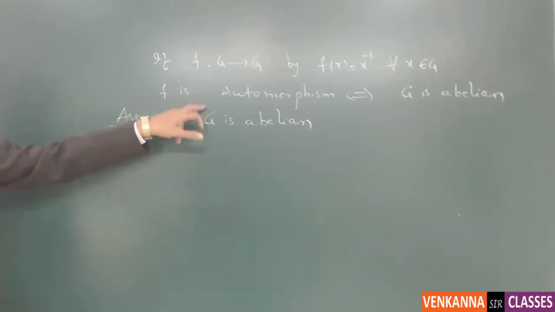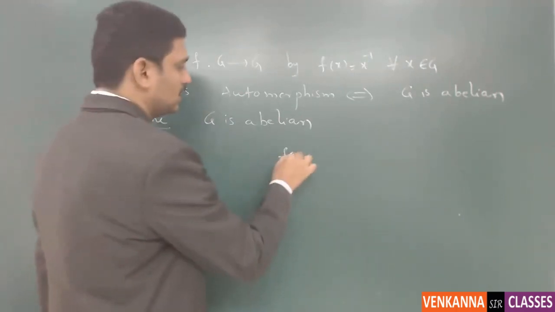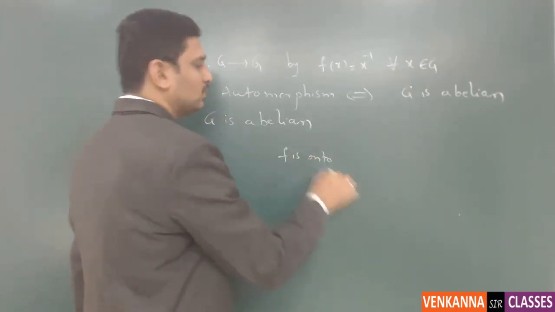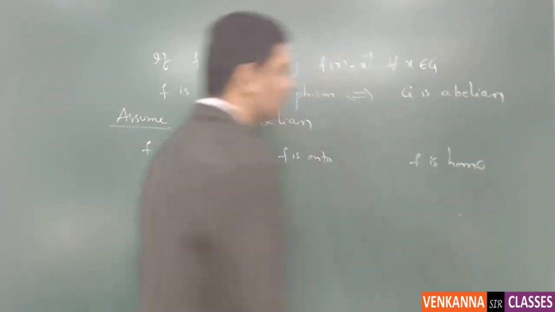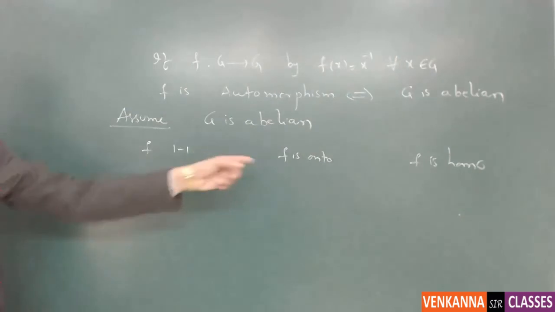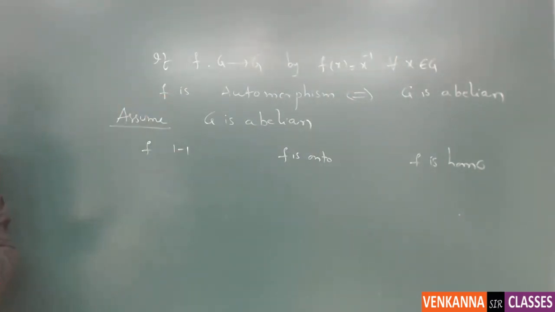So we have to prove that F is an automorphism. So nothing but F is 1-1, F is onto, and F is a homomorphism. These things we have to prove so that F becomes an automorphism.